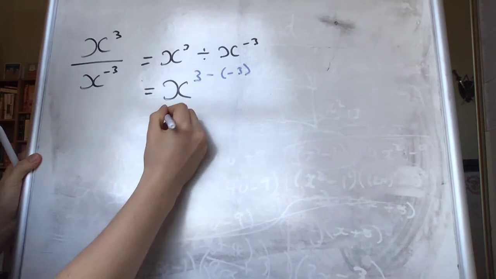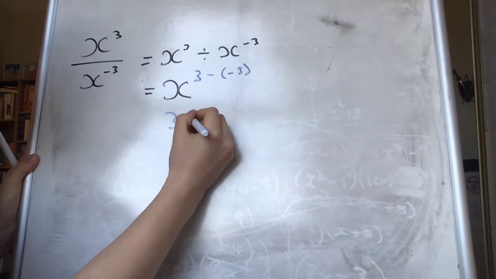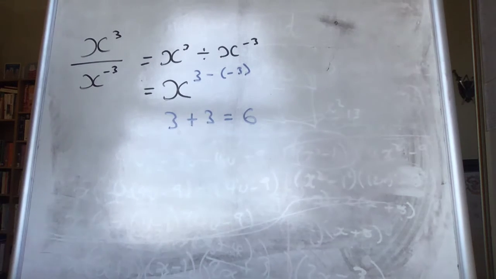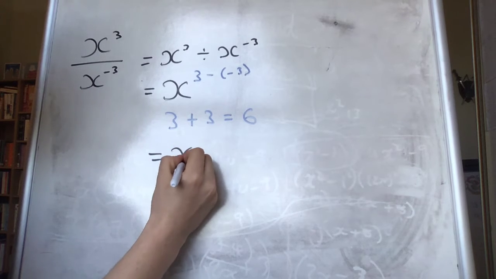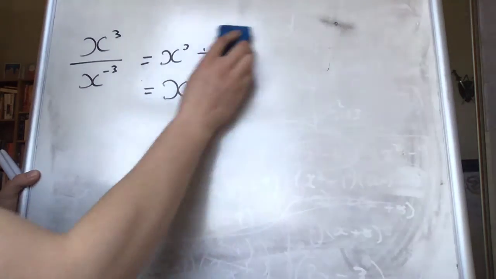And we know that 3 minus negative 3 is the same as saying 3 plus 3, which is equal to 6. So the result for x to the power of 3 minus negative 3 must equal x to the power of 6.